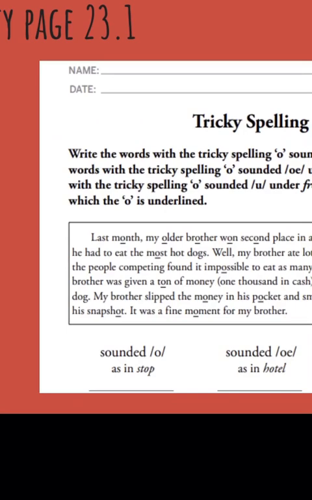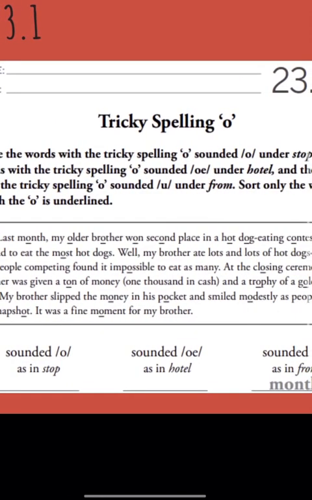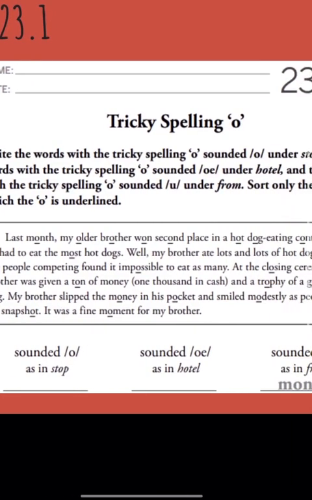What sound is that O making in month? Looking down here at our O sounds, is it making the A sound like in stop? No, I don't think so. Is it making the O sound like in hotel?